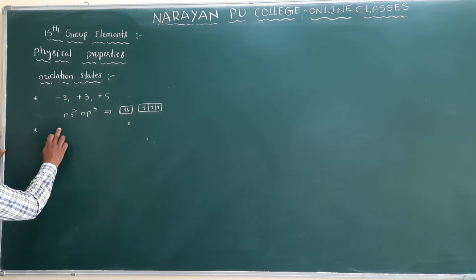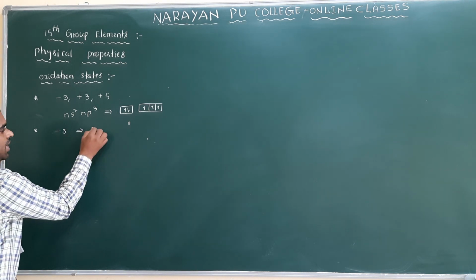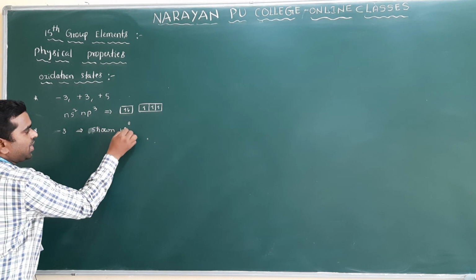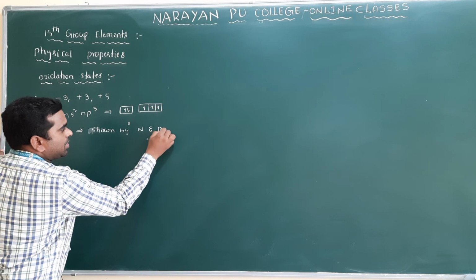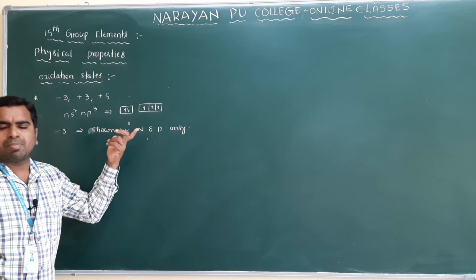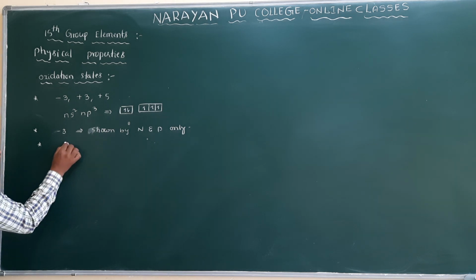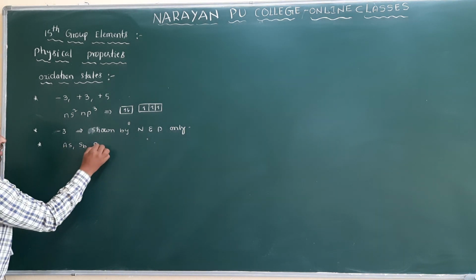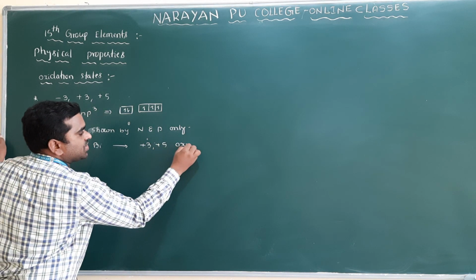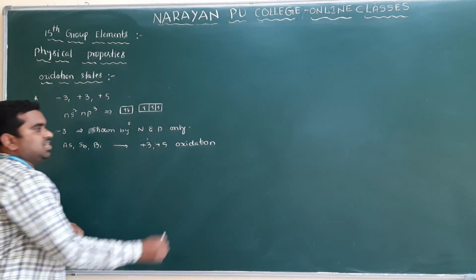That's why the -3 oxidation state is shown by nitrogen and phosphorus only. And the remaining elements will not show the -3 oxidation state. The remaining elements, phosphorus, arsenic, antimony, bismuth, show the +3 and +5 oxidation states.